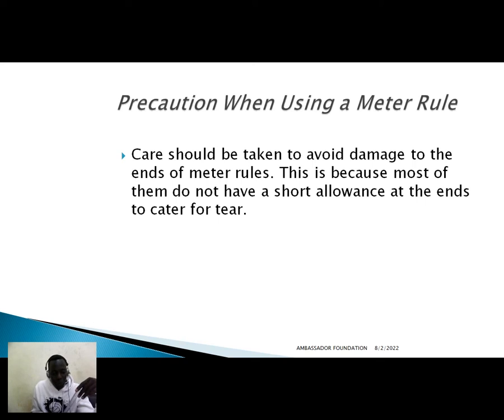And so what they did, they gave an allowance so that when it undergoes wear and tear, it will not touch the calibrated parts that measure the length. But now the meter rule, the end is where the zero starts from. That is the point. So care should be taken to avoid damage of meter rules.